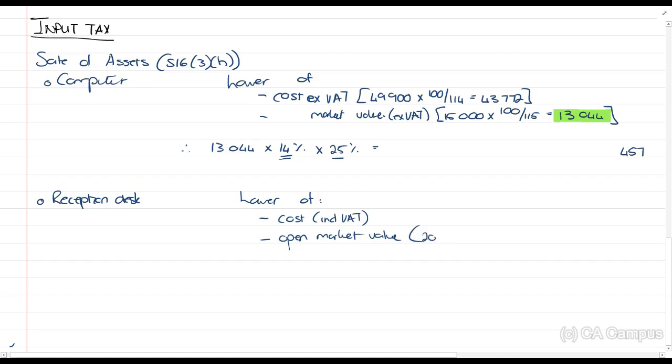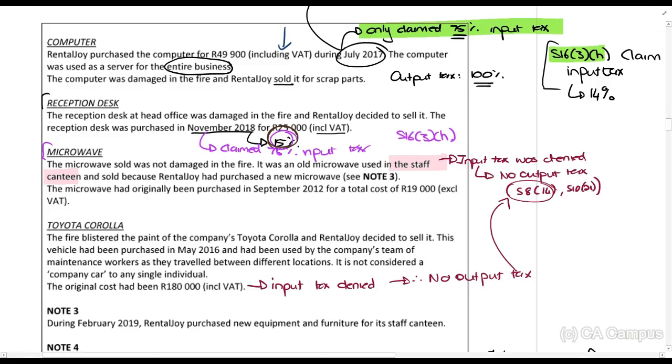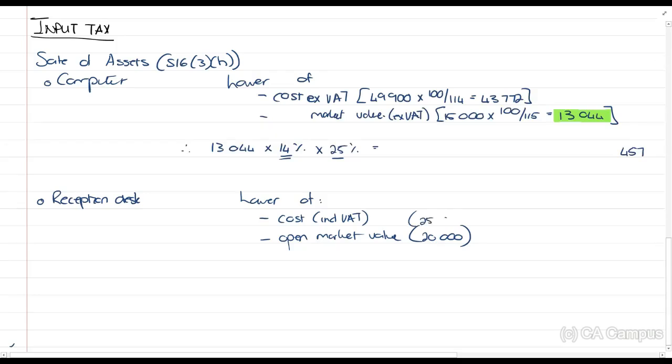The open market value was this 20,000 rands, and the cost, including VAT, they tell you was 25,000 rands. So that's the lower of the two, 20,000 times 15 over 115 times 25%. So 652.